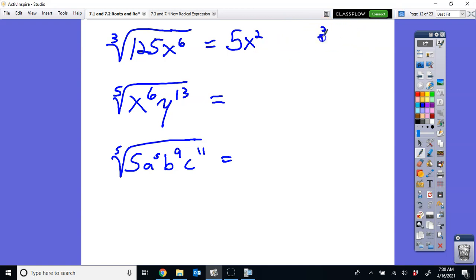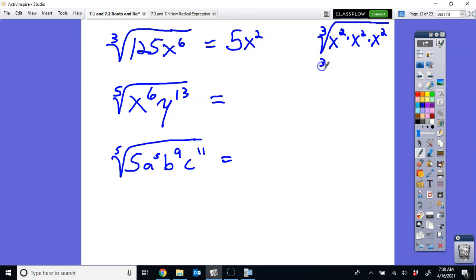So I'm just going to focus in on x to the 6th. x to the 6th really means x squared times x squared times x squared. That's one way of looking at it, and notice you multiplied it by itself 3 times. That's the cube root. The cube root of x to the 6th would be x squared times itself 3 times.